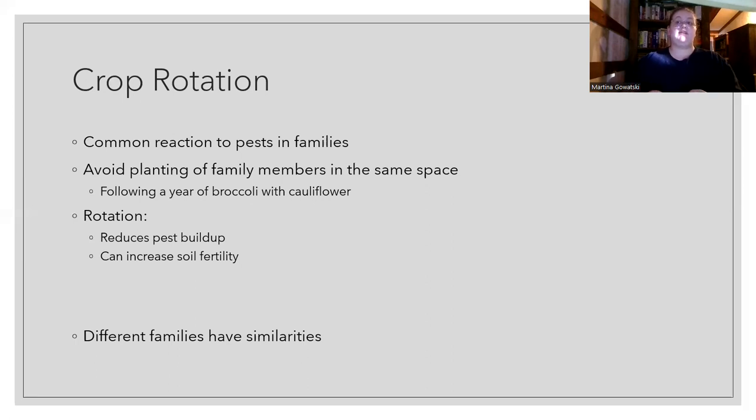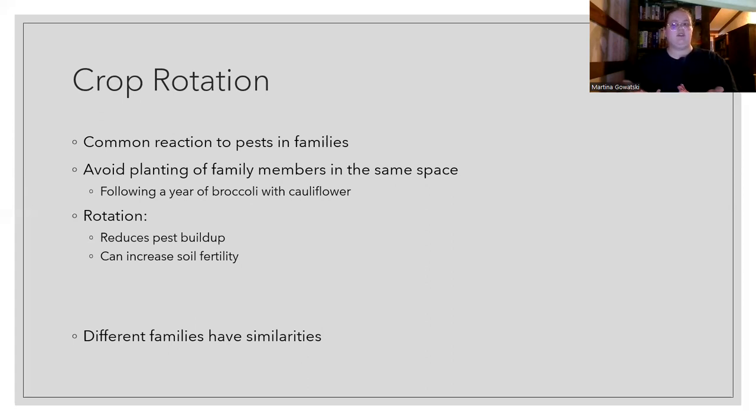If you continue this for more than a year or two, say 10 years, you'll probably notice extreme circumstances of pest buildup and increased use of pesticides. In addition to pest buildup, repeated planting of the same families can decrease your soil fertility.